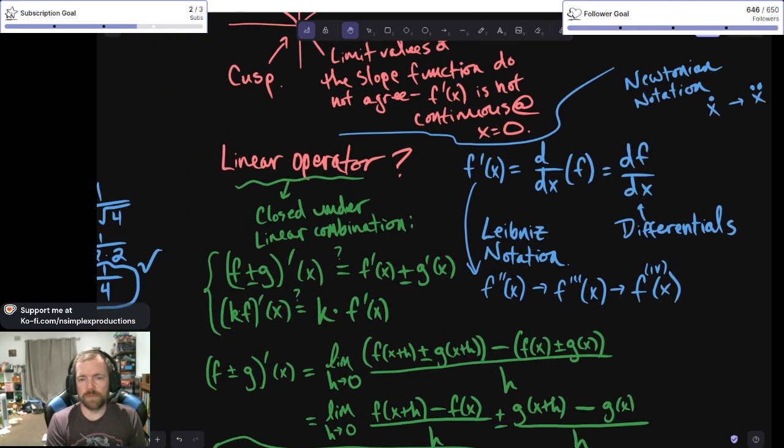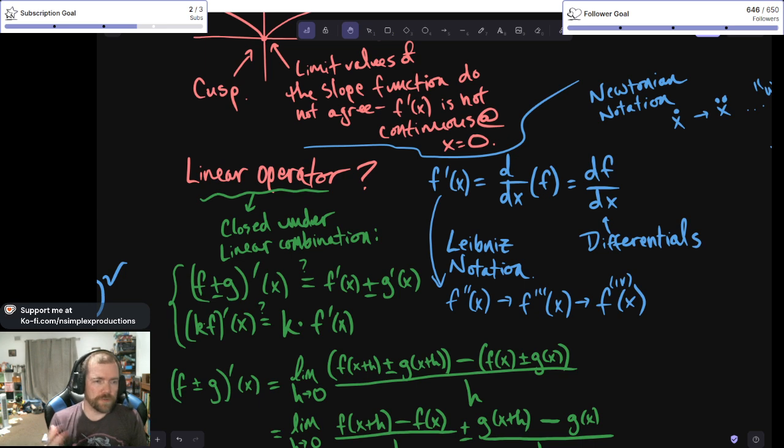So that's pretty cool. Our derivatives are going to be closed under linear combinations. So you could just decide to, again, add and subtract any other functions, or add and subtract them in any constant multiple combination, and you get the same derivative regardless of how you actually do that.